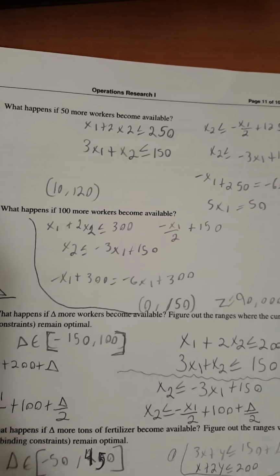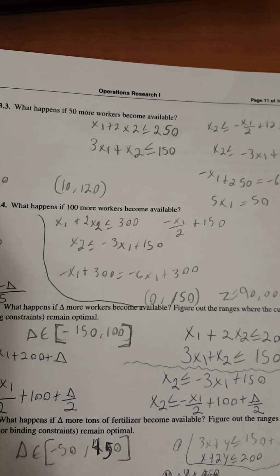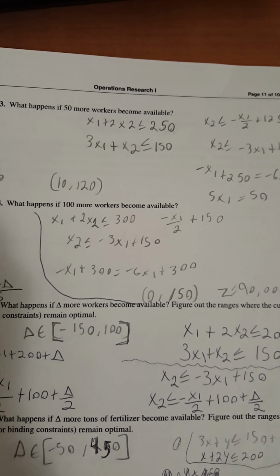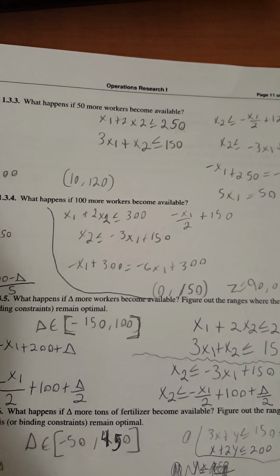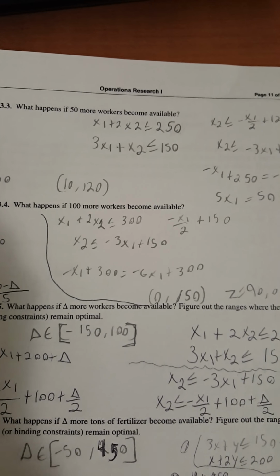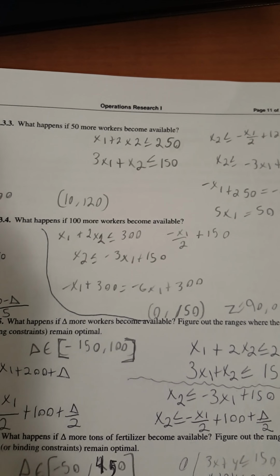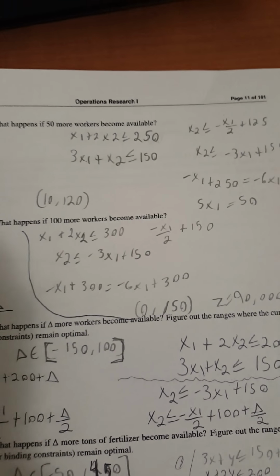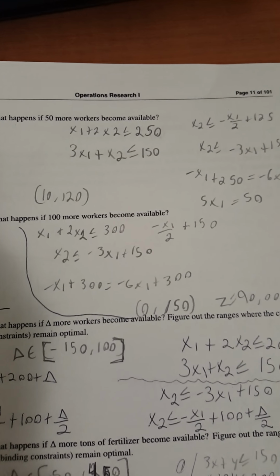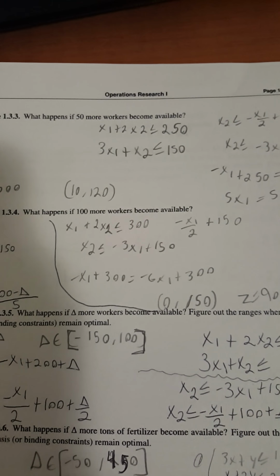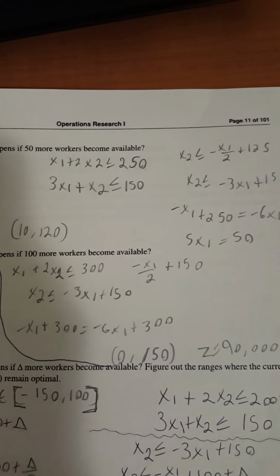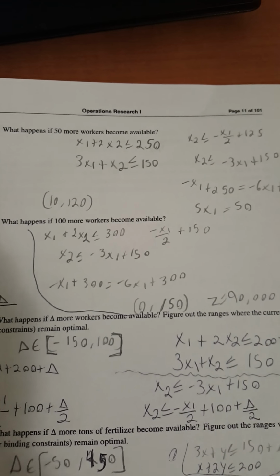So negative x1 plus 300 equals negative 6x1 plus 300. Well, we can just cancel those 300s. We know x1 is going to be 0. So when you have 100 more workers available, you don't even want to use the wheat at all. The more hands you have, the more corn you can get. So we're maxing out on corn here with 150 acres worth.